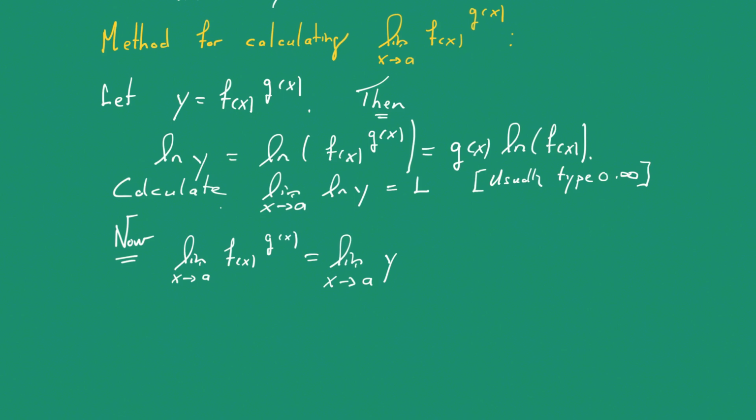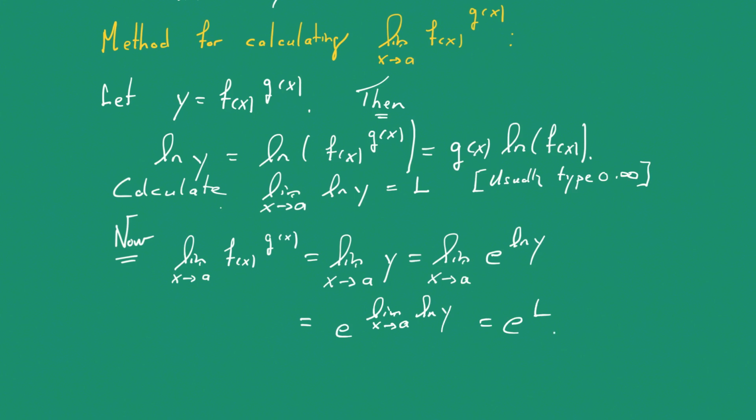Well, as we mentioned before, because the exponential function and the natural log function are inverses of one another, y can just be written as e to the log y. And now, as we said, we know the limit as x tends to a of log y, and in fact the exponential function is a continuous function, so we can write this as e to the limit as x tends to a of log y, which we said we already calculated as e to the L.